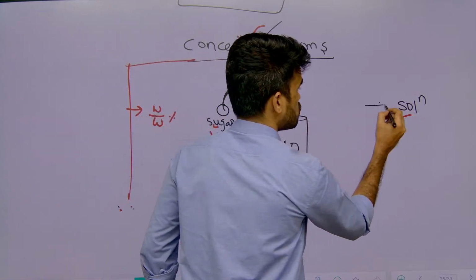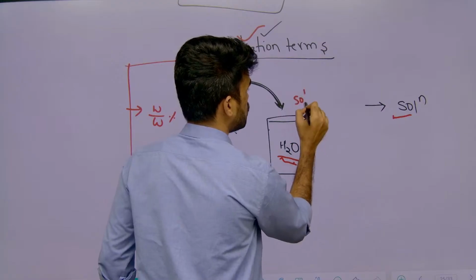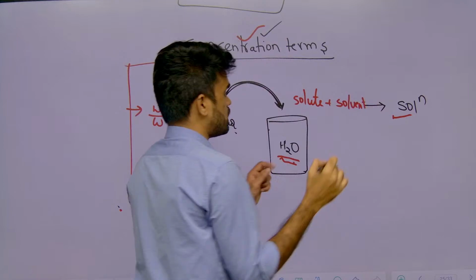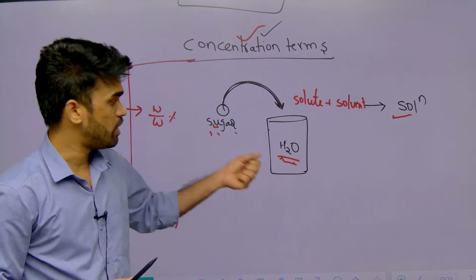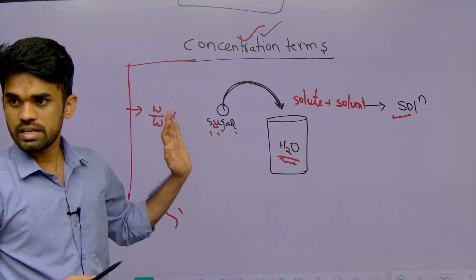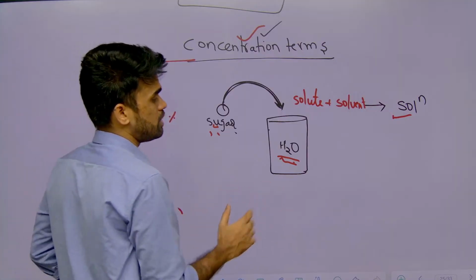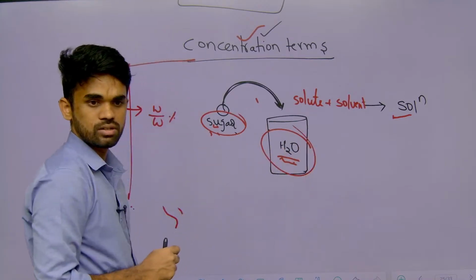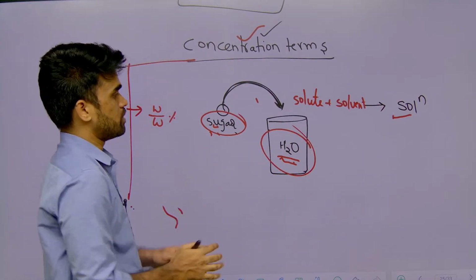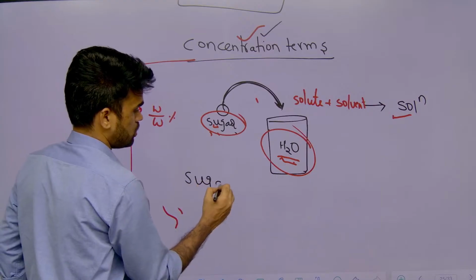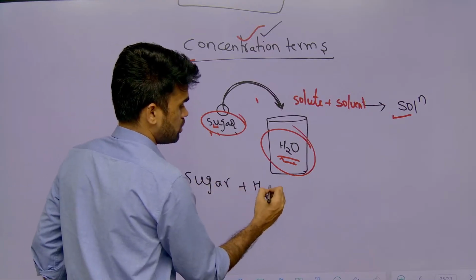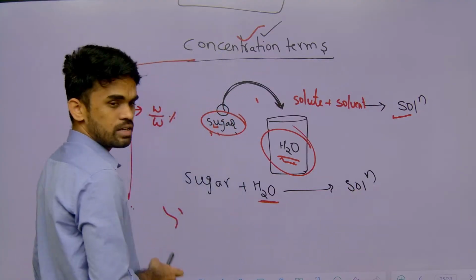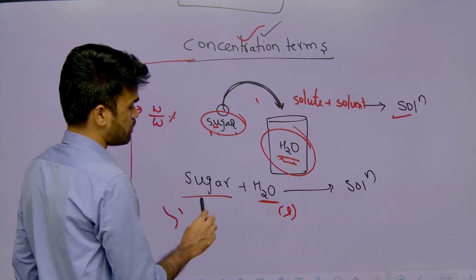Again, solution comes from where? One is solute, the other one is solvent. Okay, sir, how are you saying water is the solvent here? Why don't you say sugar is the solvent? Generally this confusion will be there. So identify, after adding sugar, what is the physical state of the solution? See, sugar I am writing, water I am writing, and sugar solution I am writing. What is the physical state of water? Liquid. And sugar?